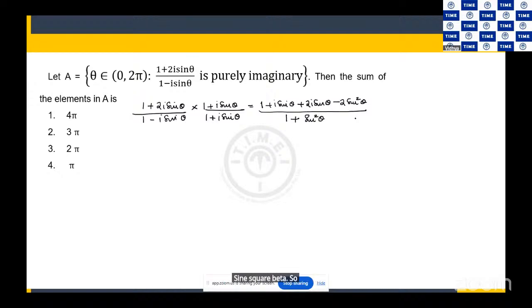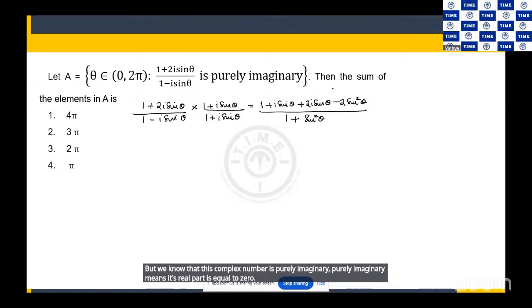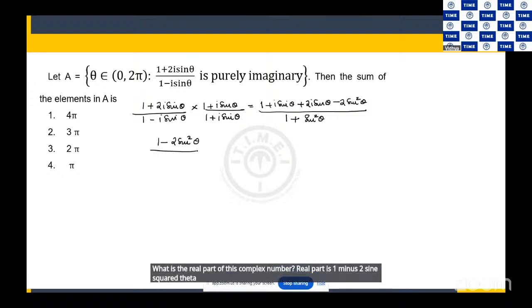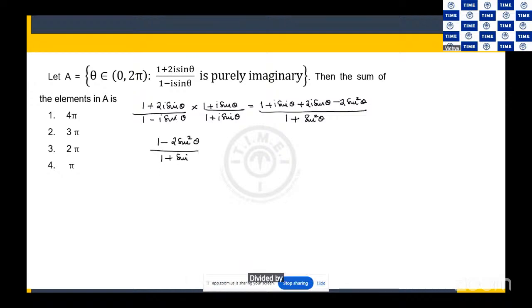This is the complex number, and we know it is purely imaginary, which means its real part is equal to 0. The real part is (1 − 2 sin²θ)/(1 + sin²θ).